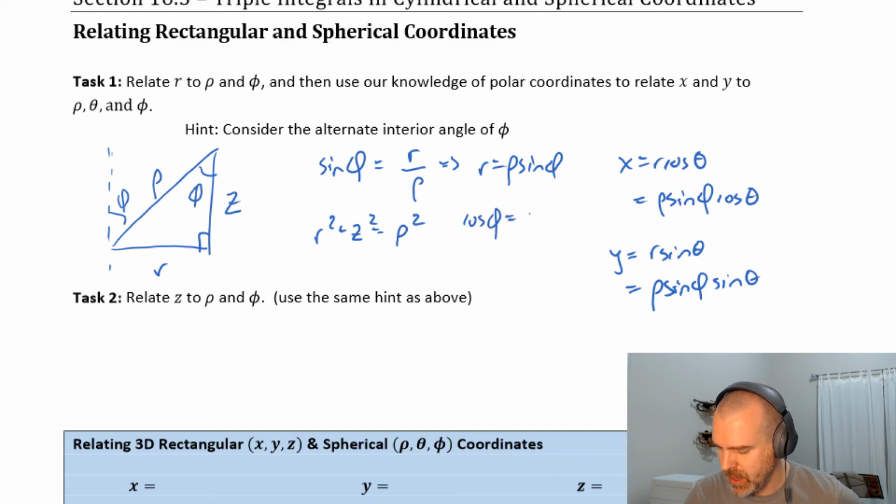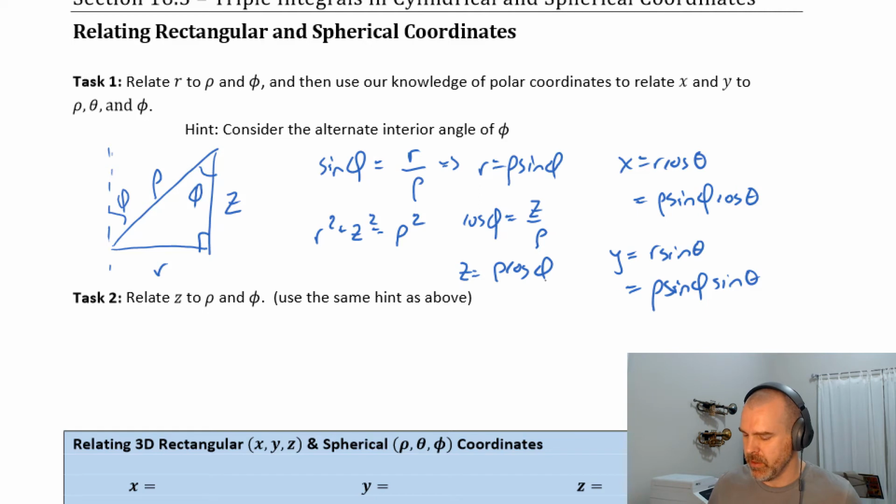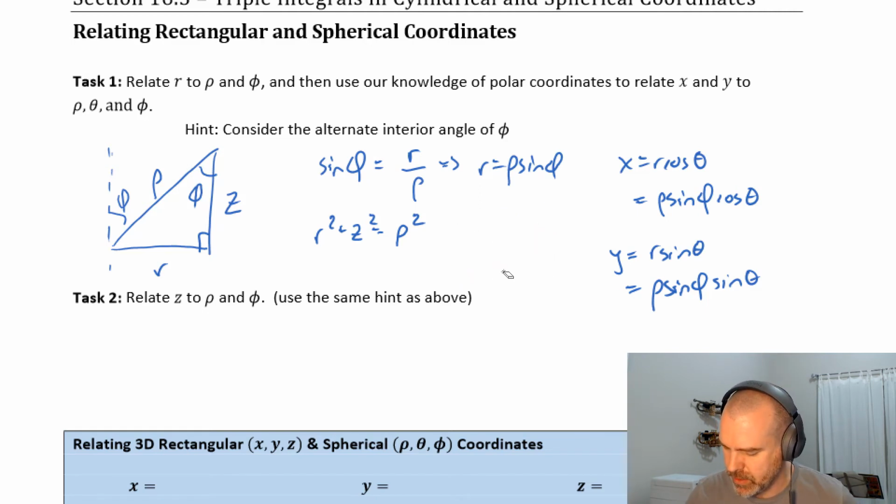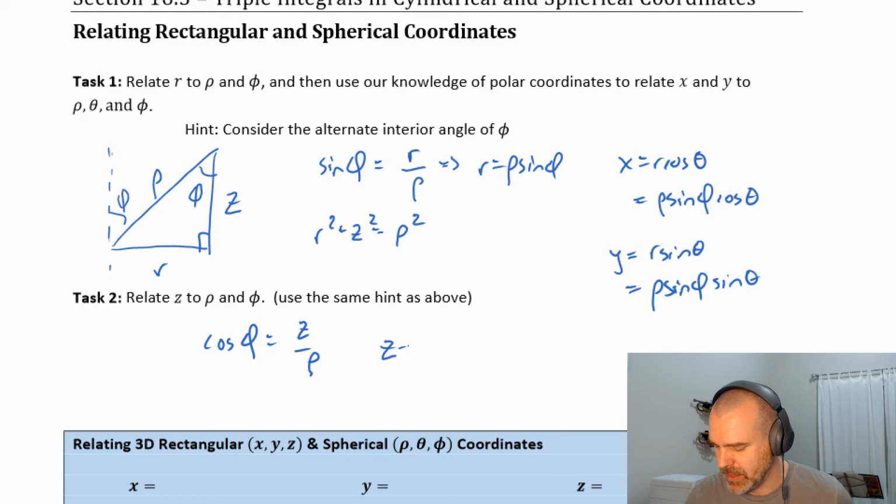Cosine phi equals z over rho. So z is equal to rho cosine phi. I'm getting ahead of myself here. That's what I was doing here. Cosine phi equals z over rho, and z is rho cosine phi.